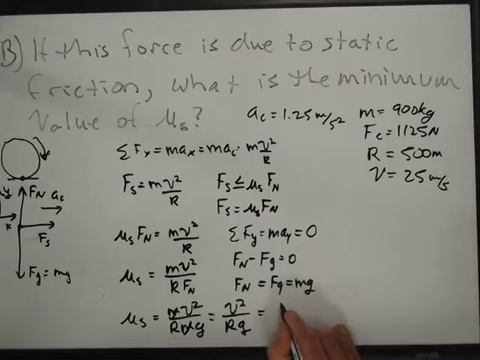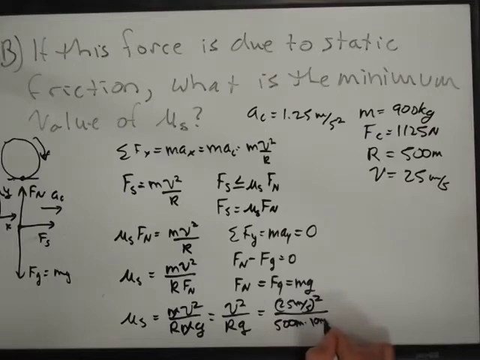But what is that? That's 25 meters per second squared over 500 meters times 10 meters per second squared, and that comes out to 0.125. That's not a very big coefficient of friction, and a typical road is going to have a coefficient of friction of maybe 0.7 or something like that.